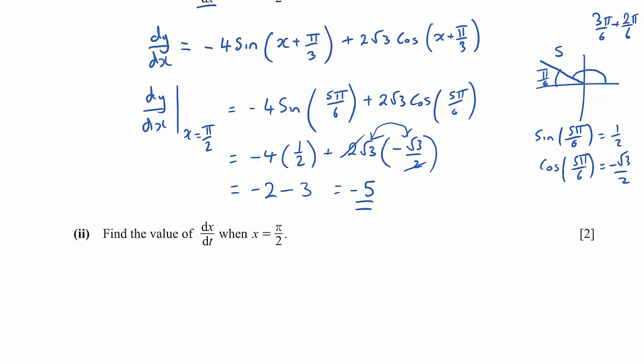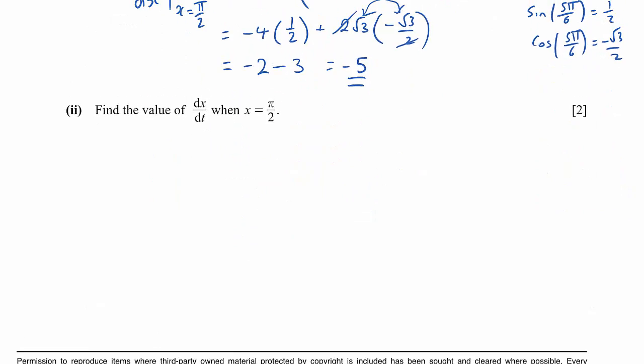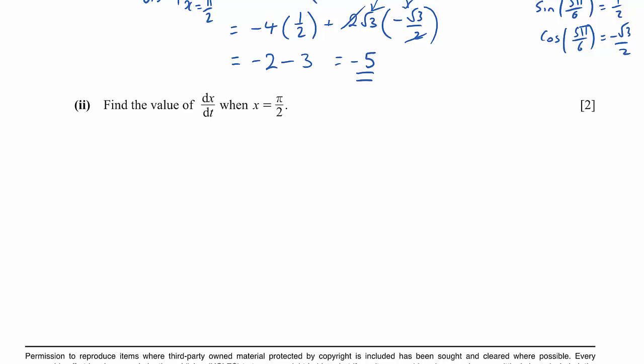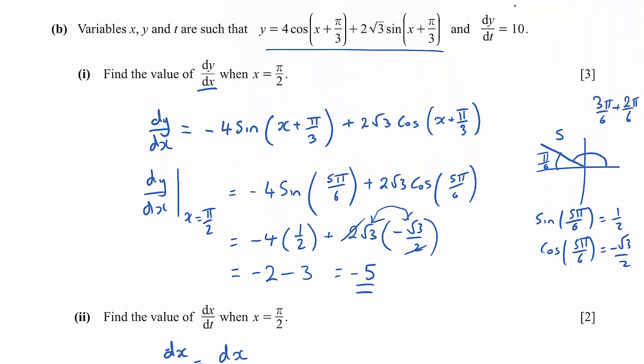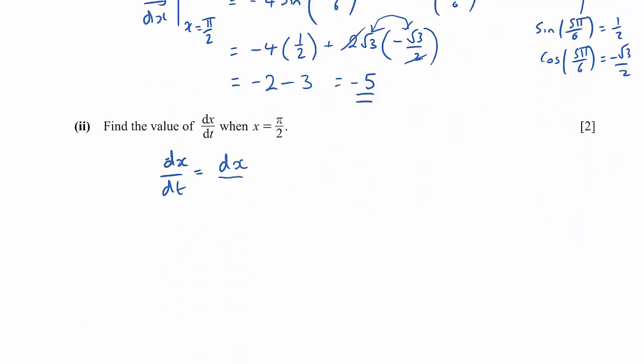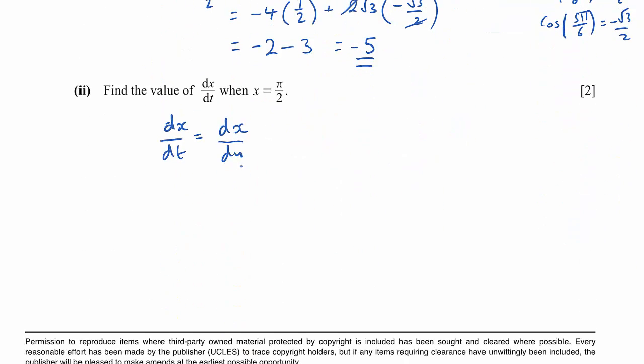So finally, we want the value of dx/dt when x is pi by 2. So dx/dt, using the chain rule, we can say is dx/dy times dy/dt. Yeah, dy/dt we're given up here is 10.